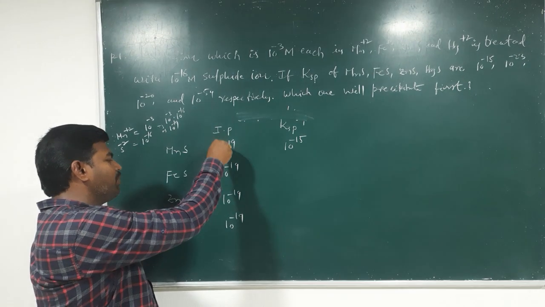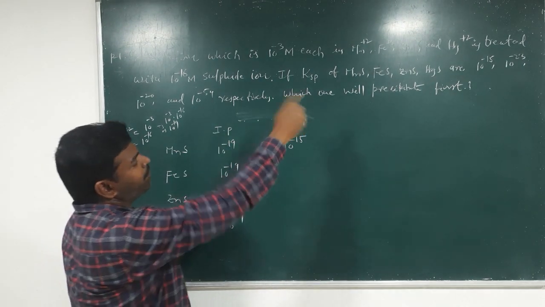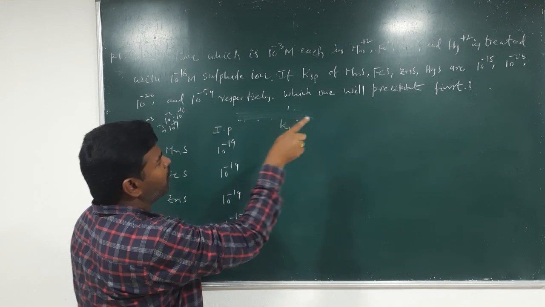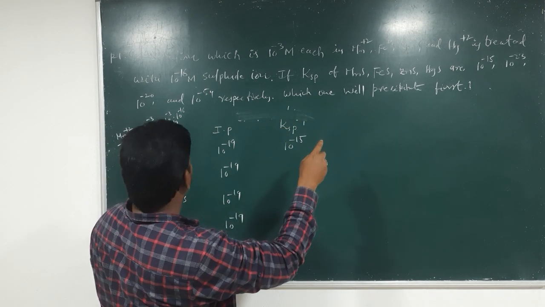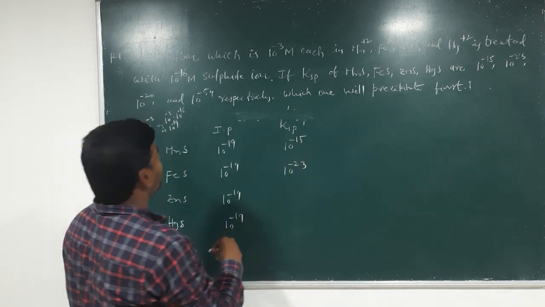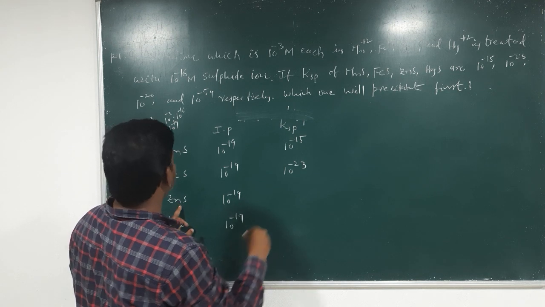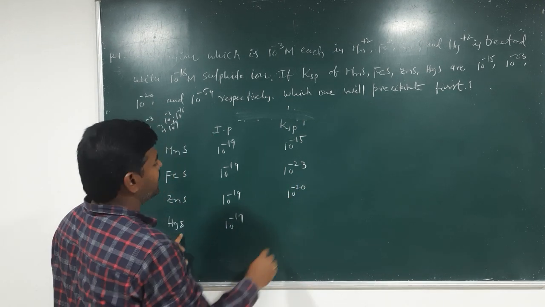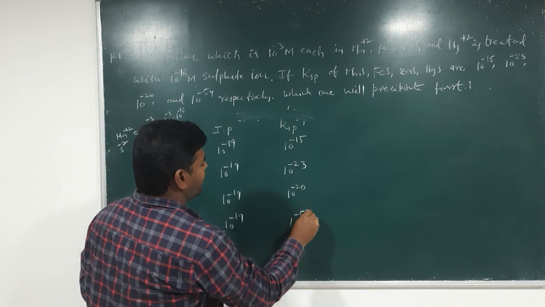So, ionic product values are these, and the solubility product values are, for MnS 10 power minus 15, for FeS 10 power minus 23, for ZnS 10 power minus 20, and for HgS 10 power minus 54.